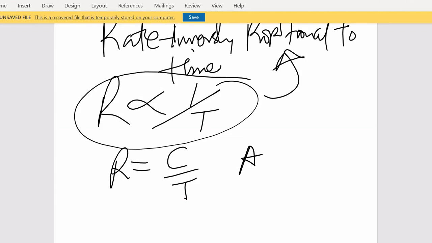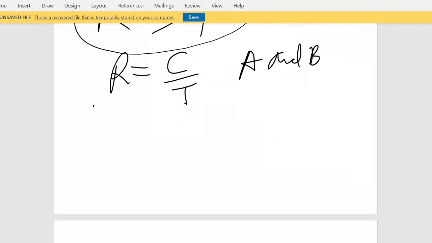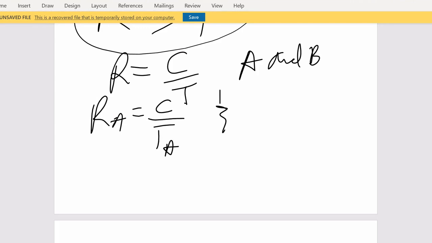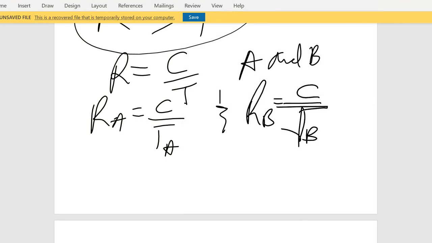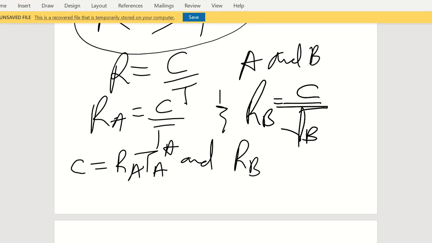And for a case where you have A and B, we can talk of Ra being equal to C over Ta and Rb equal to C over Tb. So combining these two, this is C, Ra Ta and Rb Tb.